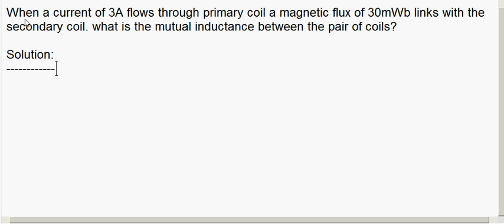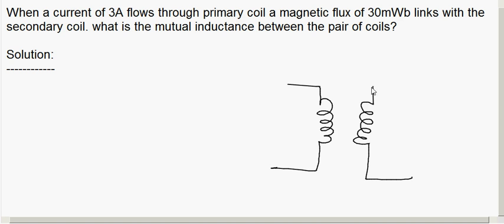Now here actually there are two coils, because the mutual inductance comes into picture only when we have two or more coils. Let me draw two coils. Now the current in one coil, let us say 3 ampere, the primary coil.